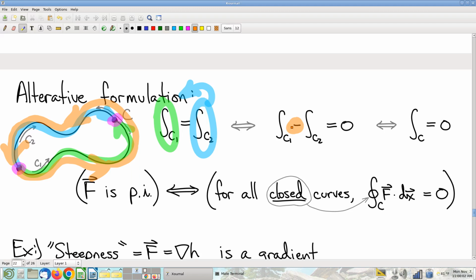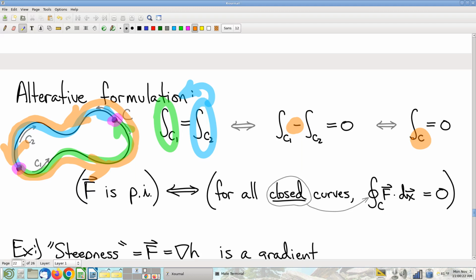And so we really have the integral on C1 and then minus the integral on C2. And so the integral on this closed orange curve here is 0.